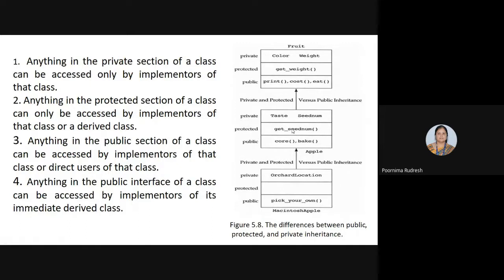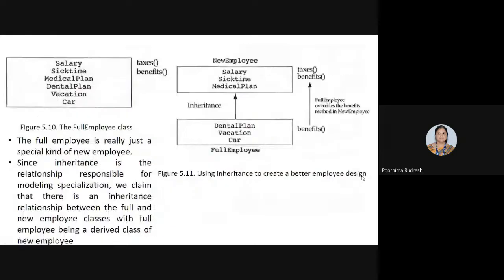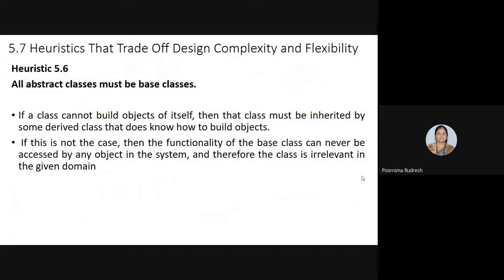Whenever we have a class, implicitly that class should create objects. If the class is not able to build the object, what does it indicate? It indicates that the class has inherited from some derived class that doesn't know how to build the objects. If this is not the case, then the functionality of the base class can never be accessed by any object in the system, and therefore the class is irrelevant in the given domain.